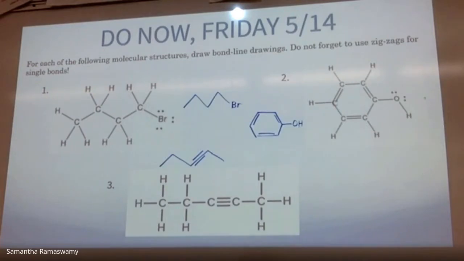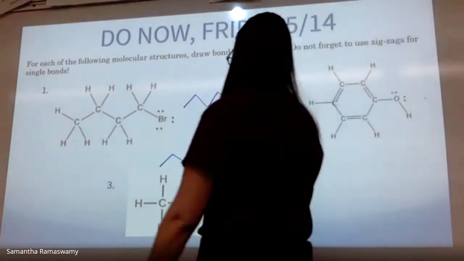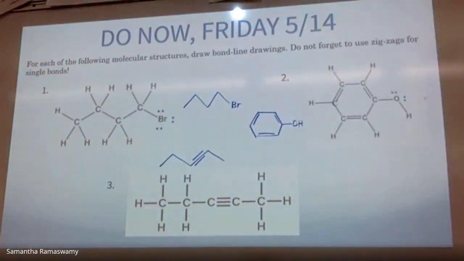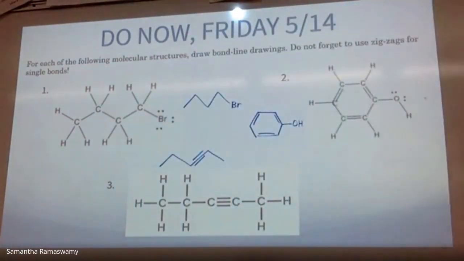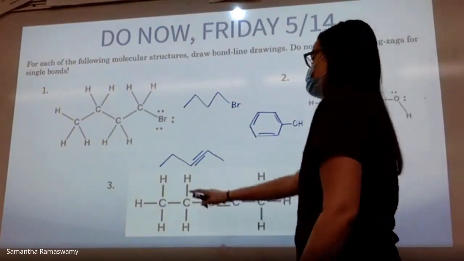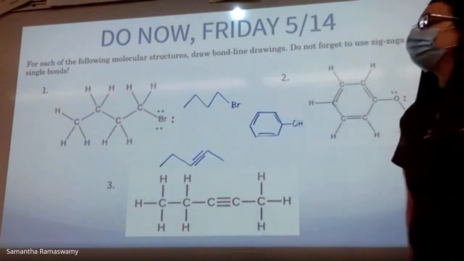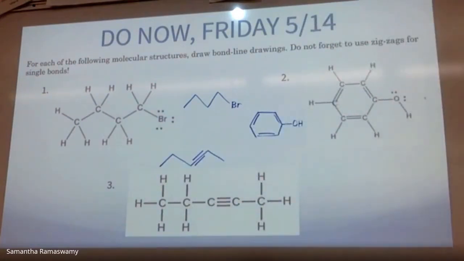As long as you are showing 5 carbons, all single bonded, except for the triple bond between 2 of them, you show that bond line drawing. And if you drew it a little bit differently, that's okay. But you should be showing the single bond and then the triple bond. If you started the other way, you started up and went down first, that's fine. What I would be looking for in this, I would count your carbons and make sure that you have the 1 triple bond between the correct carbons.